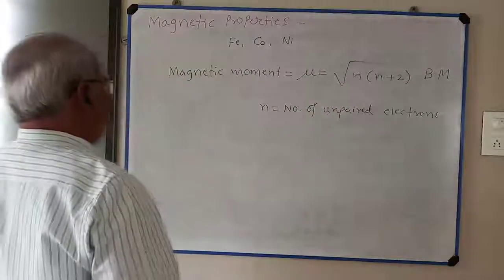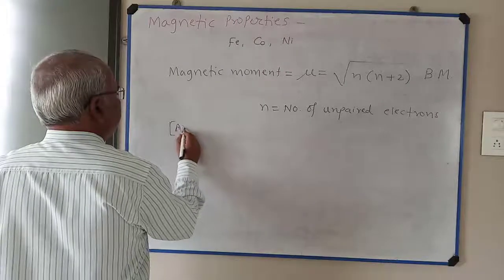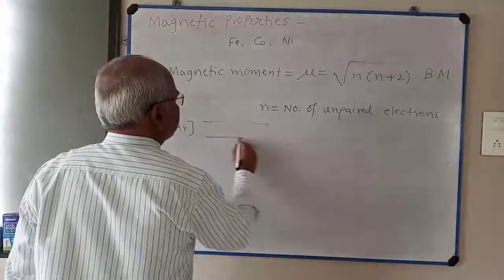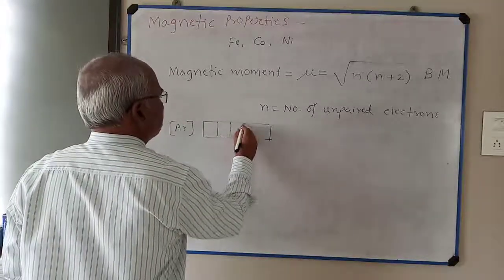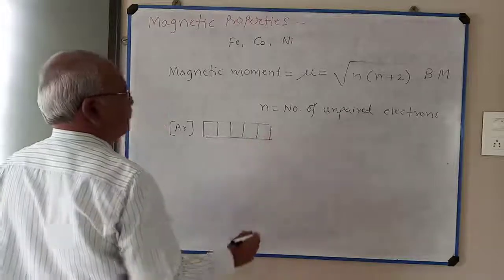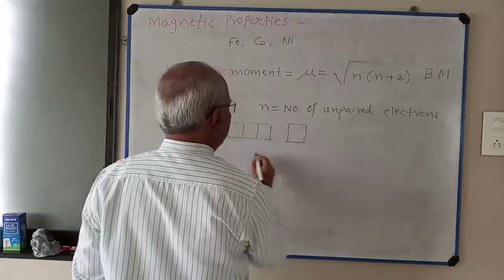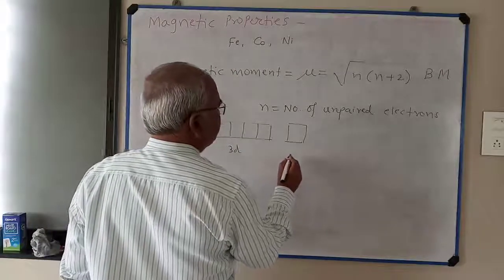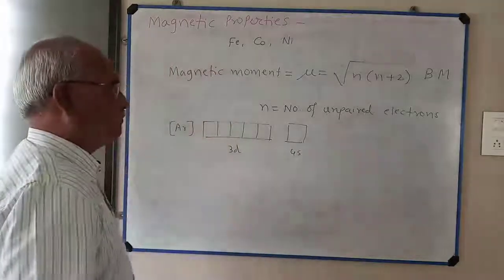Now you see, I am going to write here argon. 3d orbitals I represent here: 1, 2, 3, 4, 5, and this is 4s. This is 3d subcell, and this is 4s subcell.